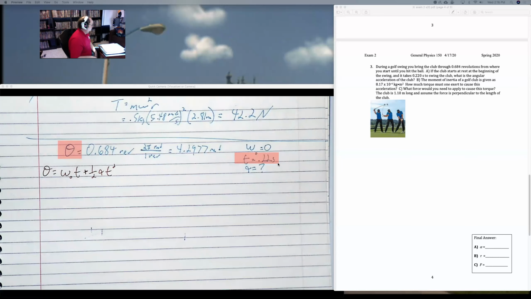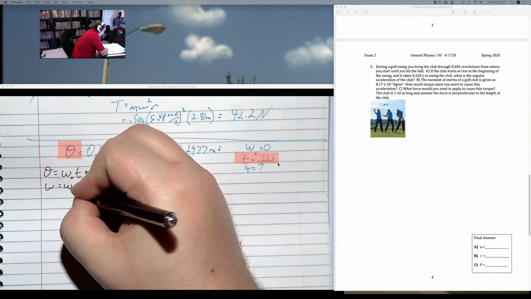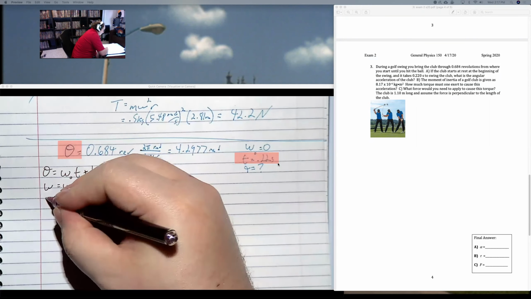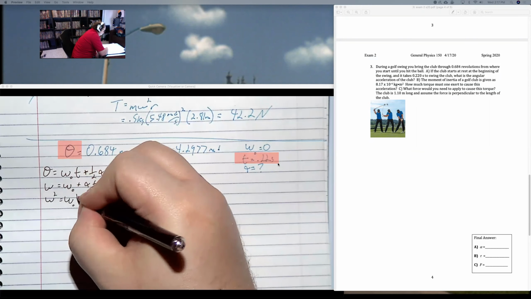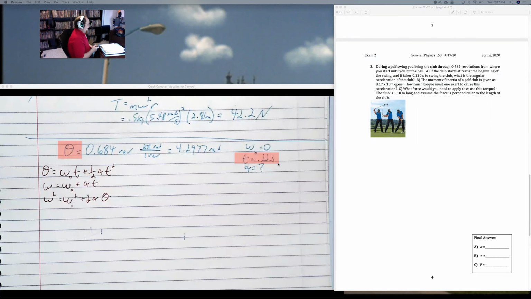You might notice I didn't bother writing my theta naught. It's because theta naught is always 0. Since it's always 0, skip it. Omega equals omega naught plus alpha t, and omega squared equals omega naught squared plus 2 alpha times theta minus theta naught. Once again, I just excluded my theta naught because it's always 0.